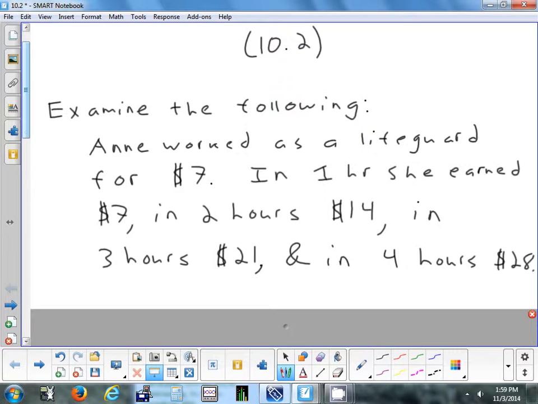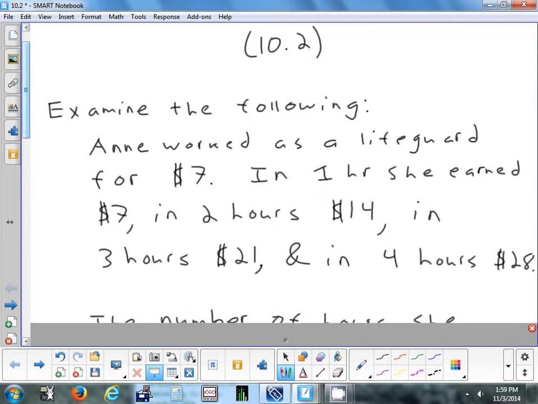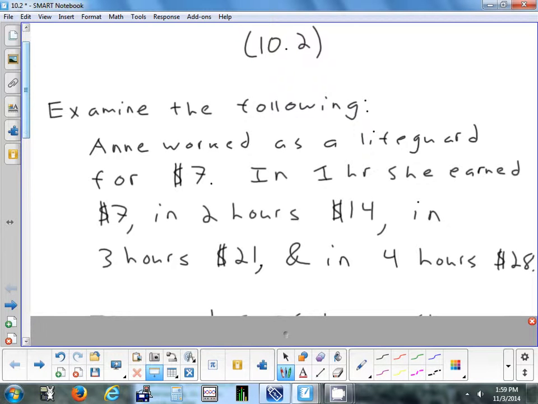It says Ann worked as a lifeguard, and she basically makes $7 an hour. So in 1 hour, she makes $7. One way we could represent that would be like that, as a coordinate. In 1 hour, she makes $7. In 2 hours, she makes 14.